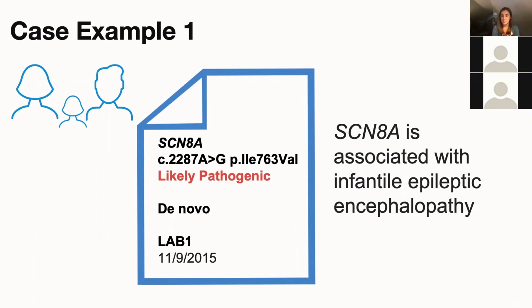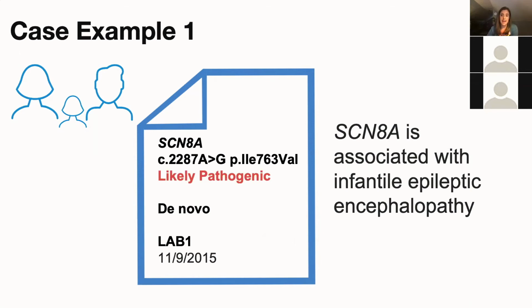She had exome sequencing, so that genetic testing that looked at all the coding portions of her genes, back in 2015, and had a likely pathogenic variant in a gene associated with seizures found. So this gene was found in her testing and thought really to be her answer for her seizures. Her parents were tested. The variant was not found in either of their samples, suggesting that the variant was de novo, or again, new and unique to Ella.